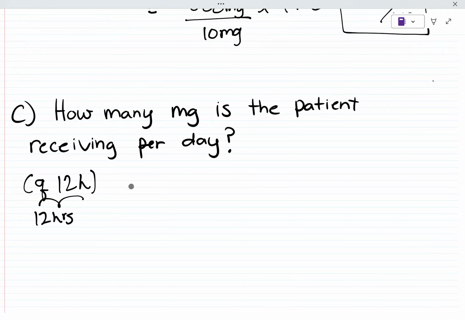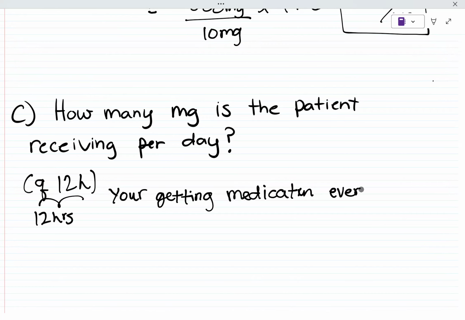So you're getting medication every 12 hours.